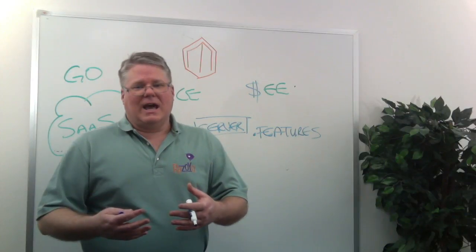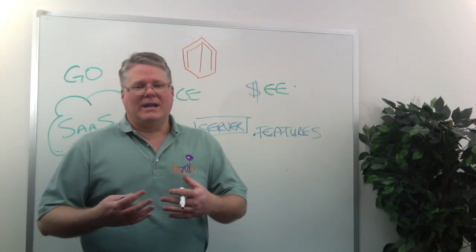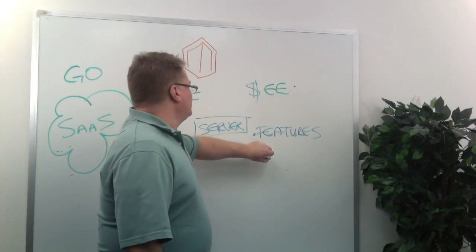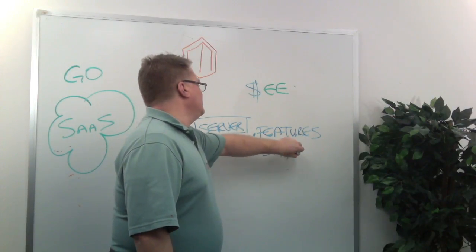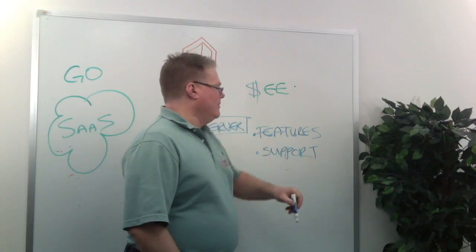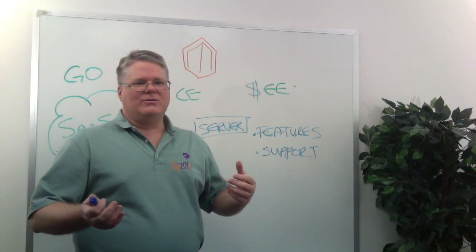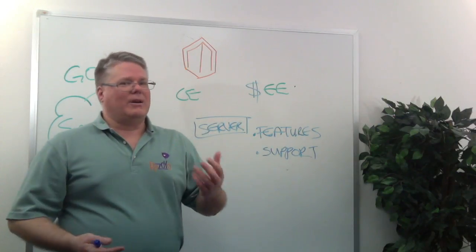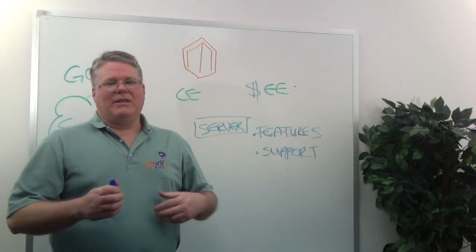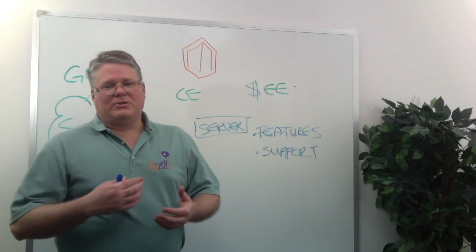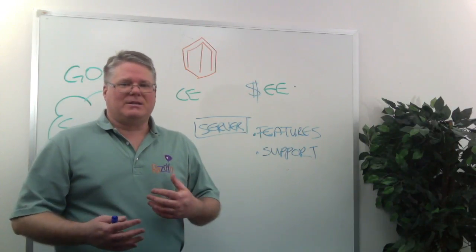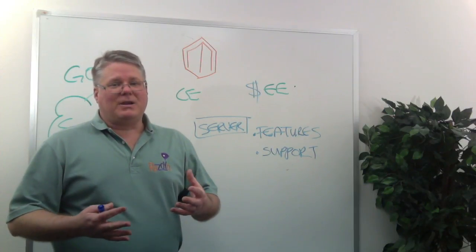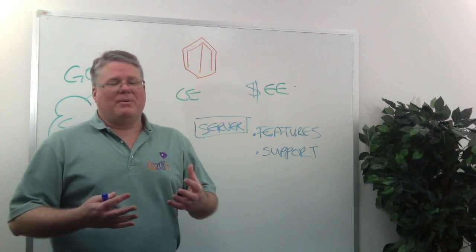The second thing that Enterprise Edition provides that Community Edition does not provide is support. When you are using the software, it's not quite like using the software on your desktop computer where that thing may update automatically and everything's great. No, you have to update your software from time to time, so that means somebody has to upgrade your Community Edition or your Enterprise Edition. And sometimes when those upgrades happen, things go wrong.